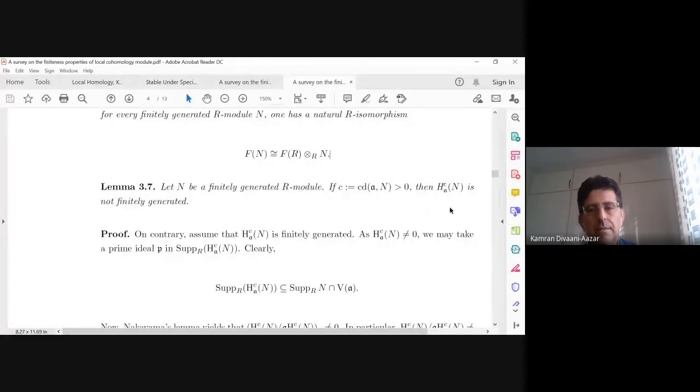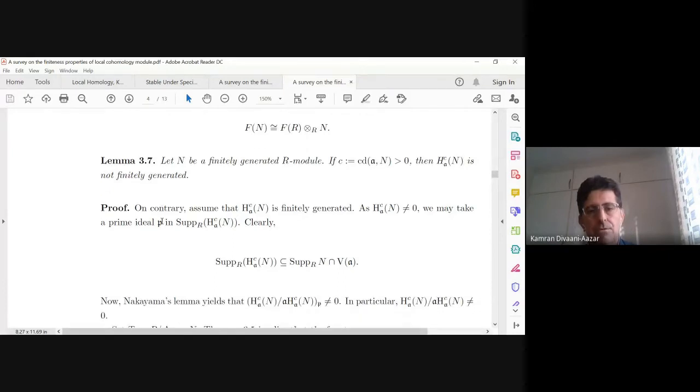So whenever the cohomological dimension is positive, the top local cohomology is not finitely generated. So by this lemma, we can have plenty of examples of non-finitely generated local cohomology modules.